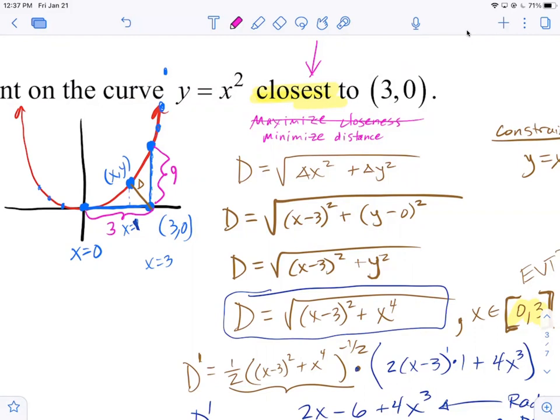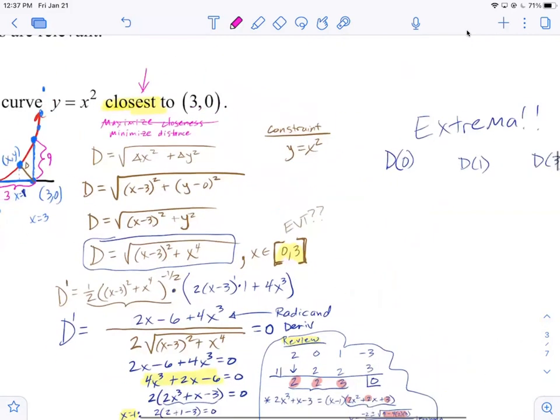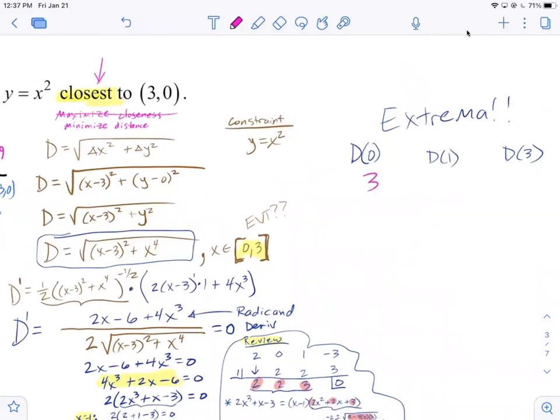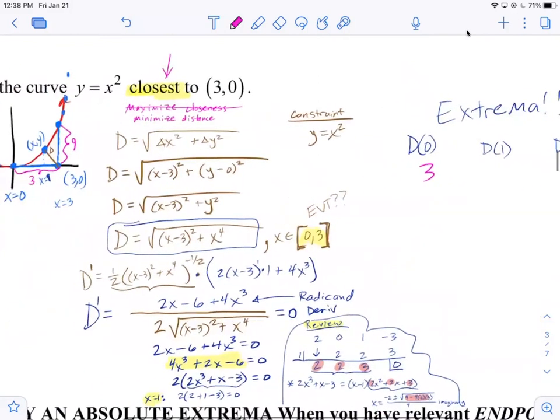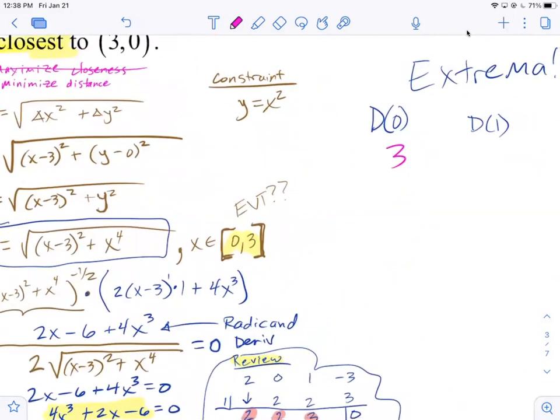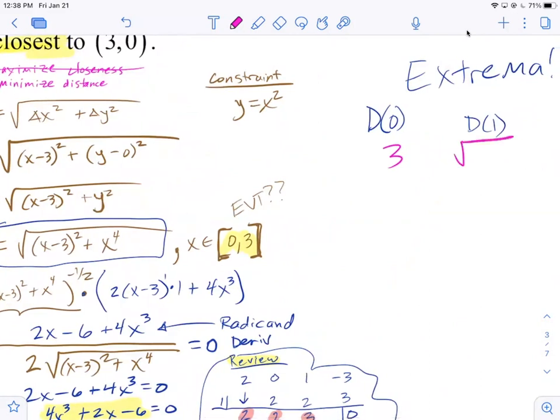Now, if you're not sure, you could plug those into the distance formula as well. But what I really need to do is plug the 1 in there. So we said this was 3 and this was 9. Let's plug a 1 into this boxed answer here. I'm going to get 1 minus 3, which is -2. -2 squared is 4. So I end up with the square root of 4 plus, what's 1 to the 4th? 1.